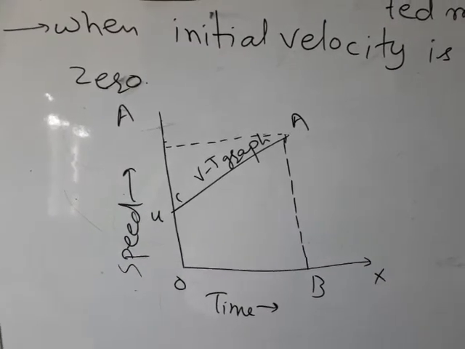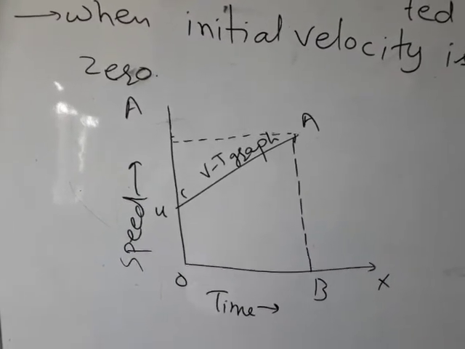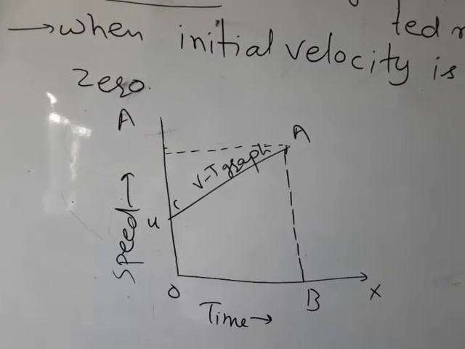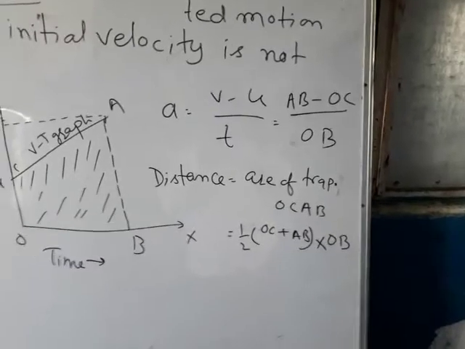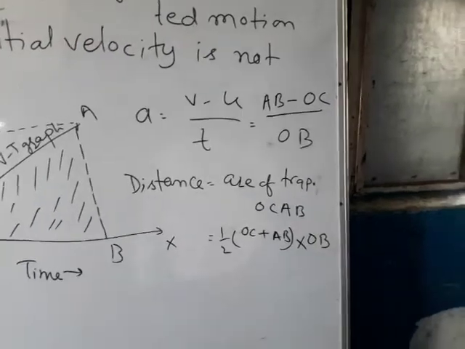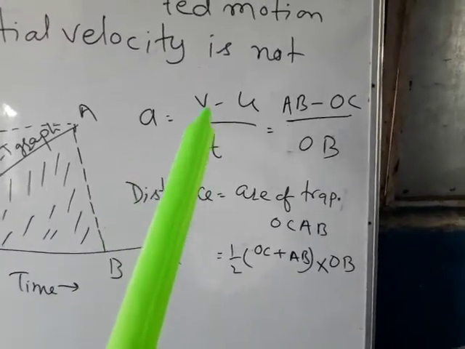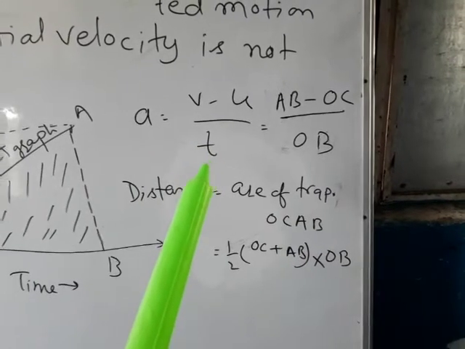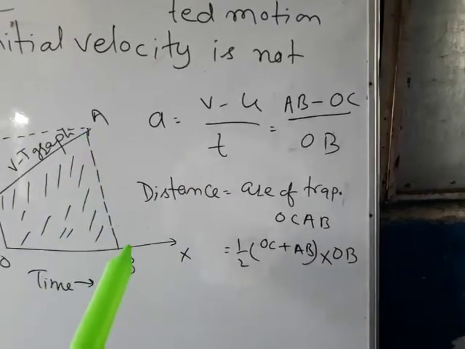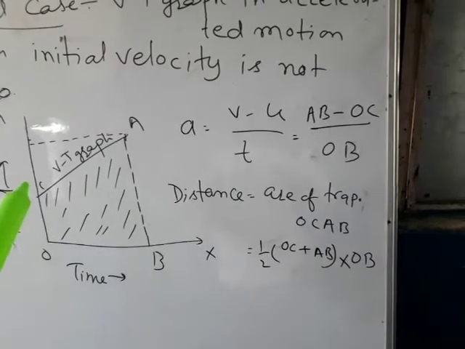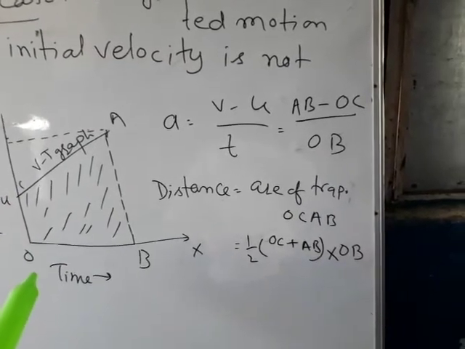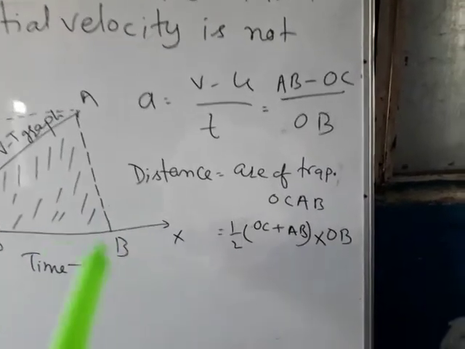Now we consider some values related to this v-t graph. Now acceleration is equal to V minus U by T. V means AB, U means OC, T means OB.